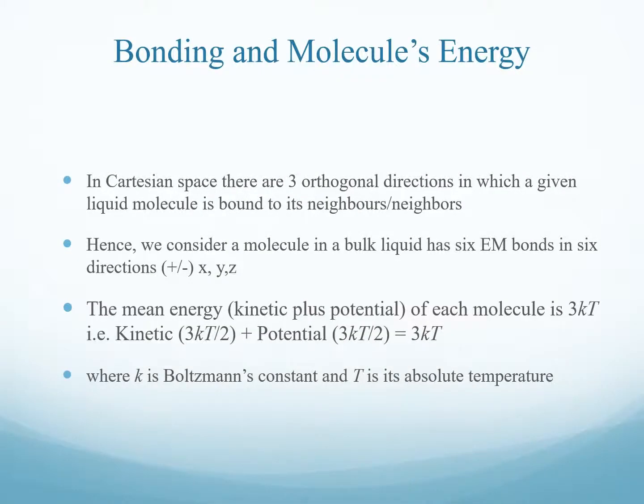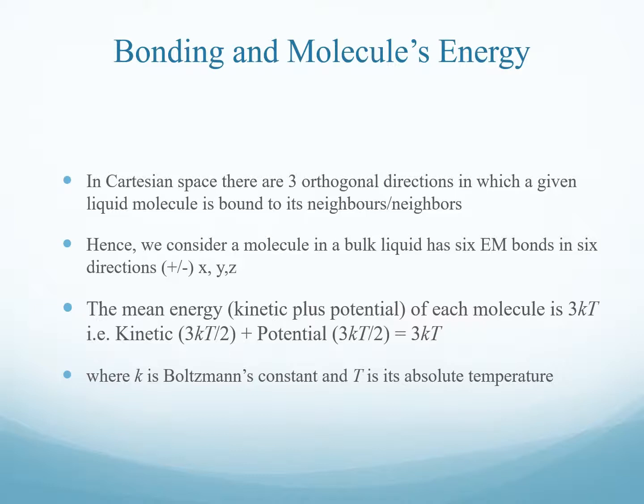Let's just consider the bonding in a bulk liquid for a second. In Cartesian space, there are three orthogonal directions in which a given liquid molecule can be bound to its neighboring molecules. Hence, we consider that a liquid molecule in a bulk liquid has 6 electromagnetic bonds, or in the case of water, the dipolar bonds, in 6 directions, plus or minus x, y, and z.